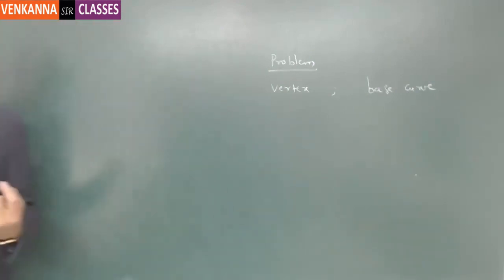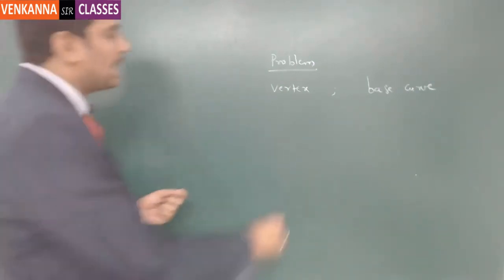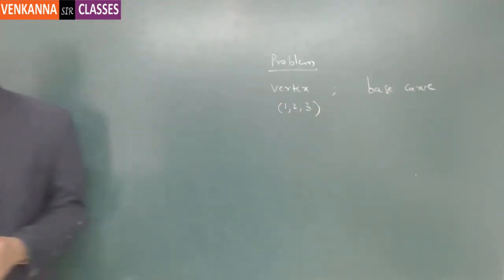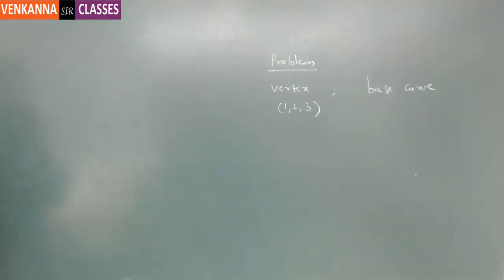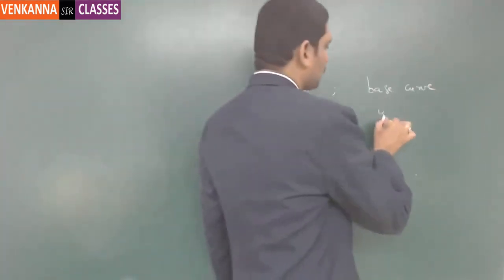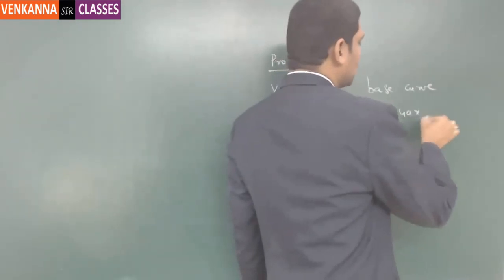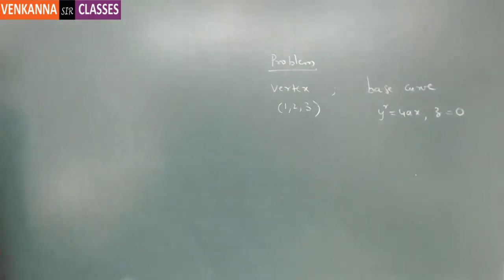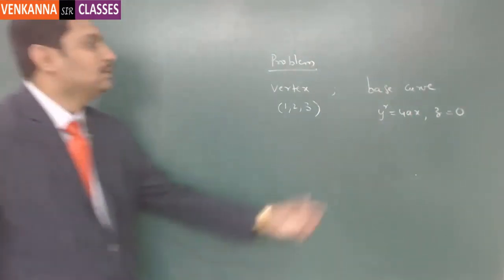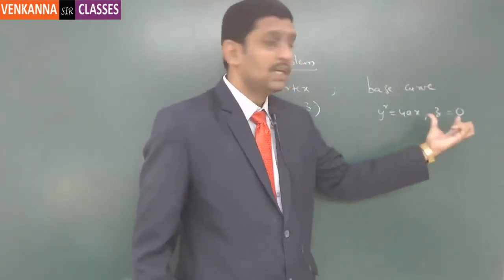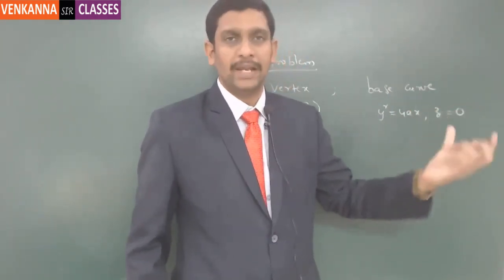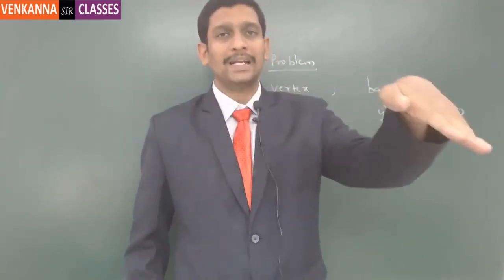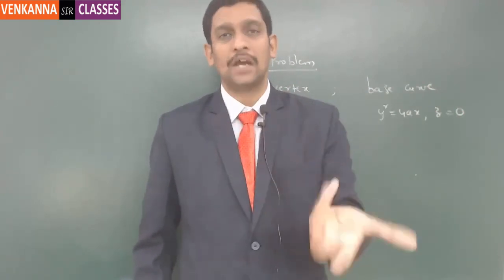Now, the problem is, I have taken that the vertex of the cone is 1, 2, 3 and the base curve of the cone is y square equal to 4ax and z equal to 0. So here we need to understand that this is a parabola, and z equal to 0 is the plane, the xy plane. So the parabola and xy plane both will intersect. That intersection is nothing but a curve here.